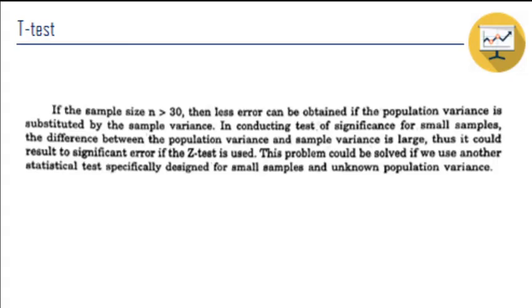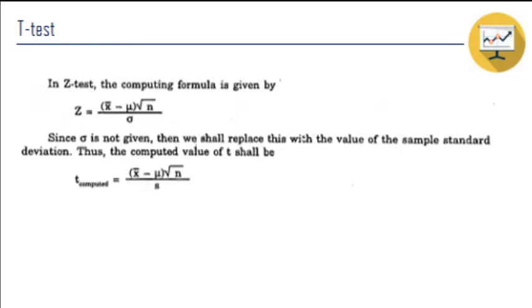This problem could be solved if we use another statistical test specifically designed for small samples and unknown population variance. And we are talking about t-test. So yung mga hindi na-satisfy ng z-test or hindi masasatisfy ng z-test, pwede sa t-test.